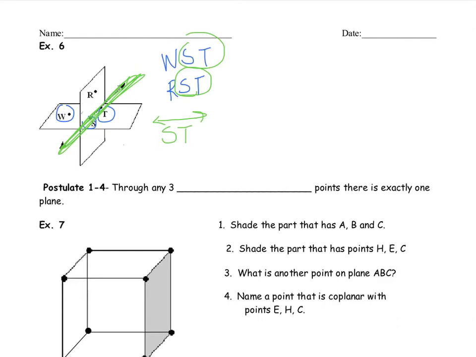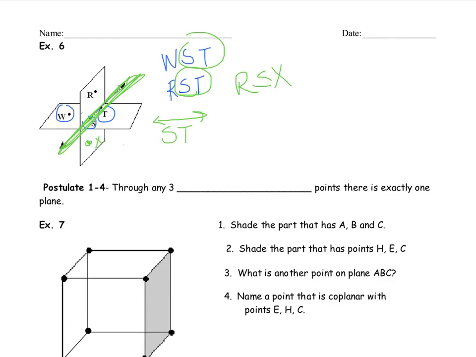So if we threw an extra point down here and called it X, then instead of saying RST, I could name this RSX, not W. Then you wouldn't have ST as a common, you would just have the S. So be really careful in that aspect. But a lot of times it works out.